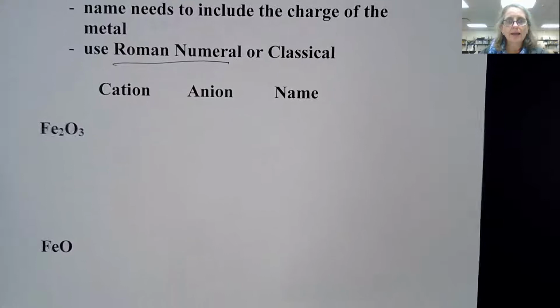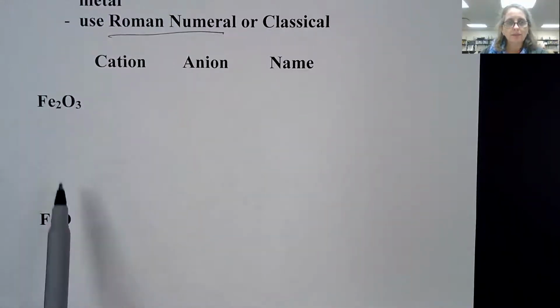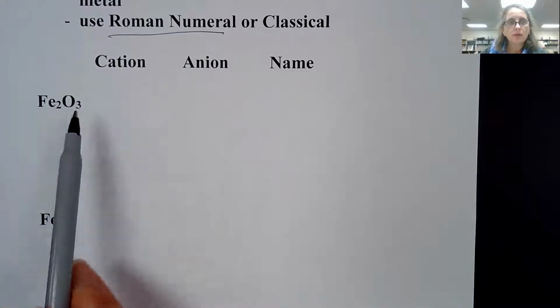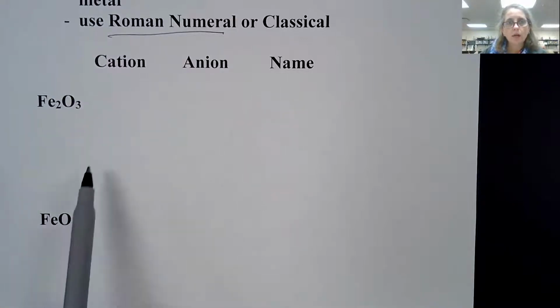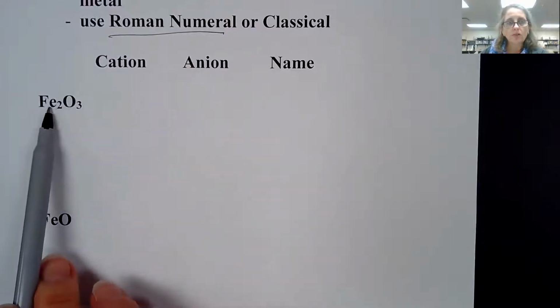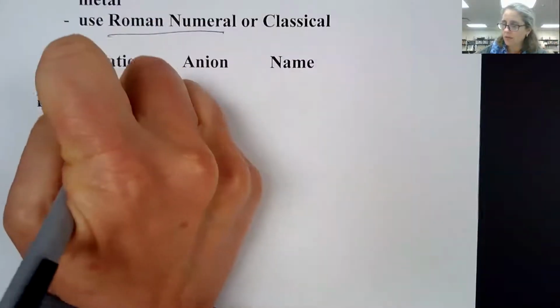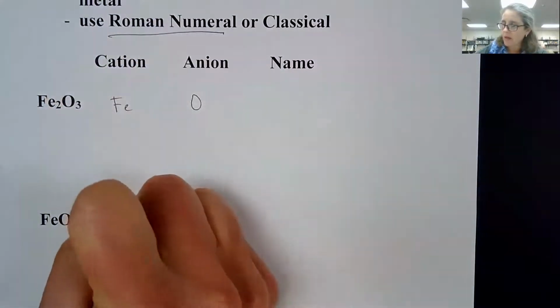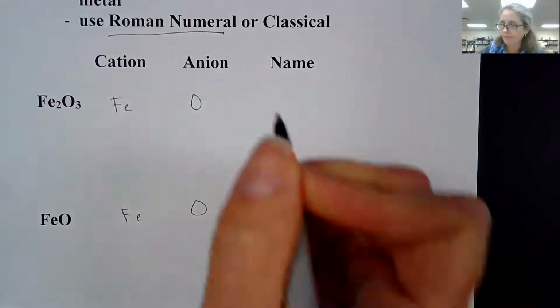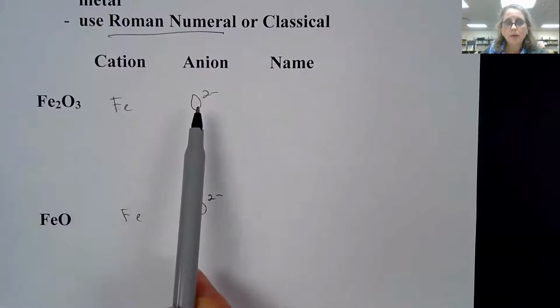I have 2 different compounds here with iron and oxygen. One is Fe2O3, the other one is FeO. In order to name it, I need to know what the charge of Fe is. They both contain iron, and oxygen is -2, so I don't need to worry about that.